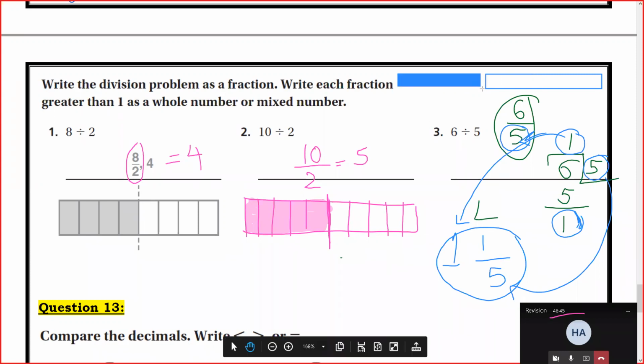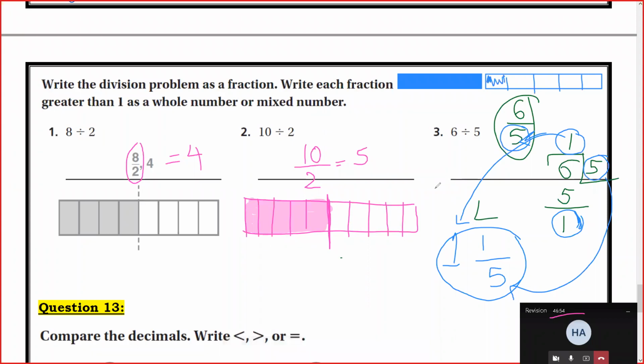So it is 1 whole. And here I have divided this into 5 parts. So it is 1 and 1 over 5. The closed one is 1, and here the shaded one is 1. If I look at the shaded, I have only 1 shaded out of 5. So I will say this is 1 and 1 over 5 if you want to represent it.